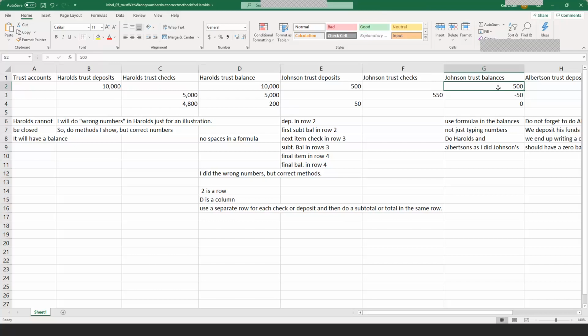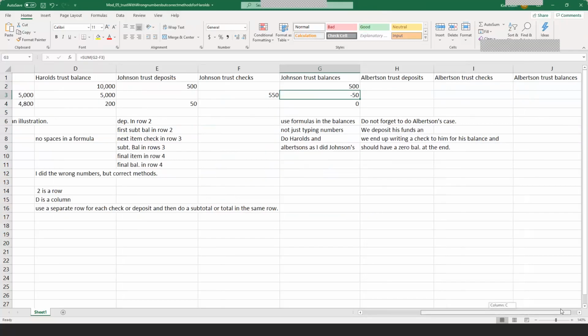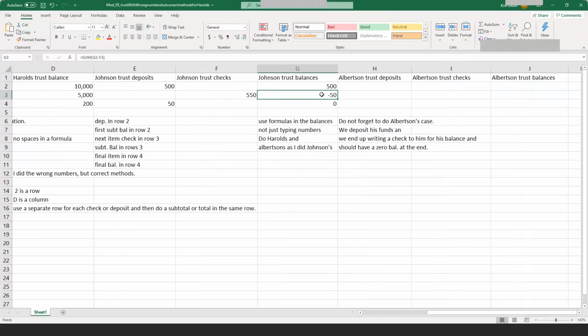I'm just trying to get you to be totally consistent on a subtotal after every item that goes in. Then one and only one check, and after that there is a negative balance.